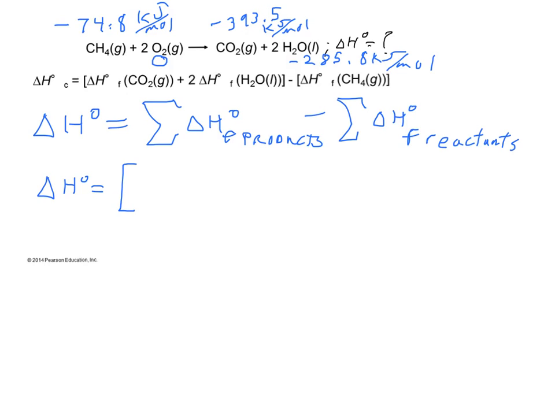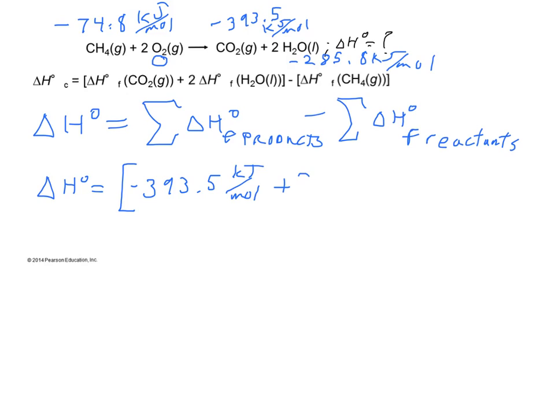So we start with our products. We've got carbon dioxide, and we have 1 mole of carbon dioxide, and its enthalpy of formation is negative 393.5. In addition to carbon dioxide being formed, we form 2 moles of water.